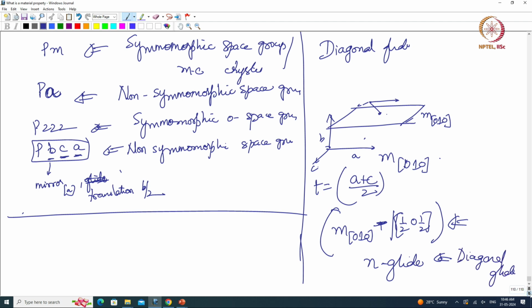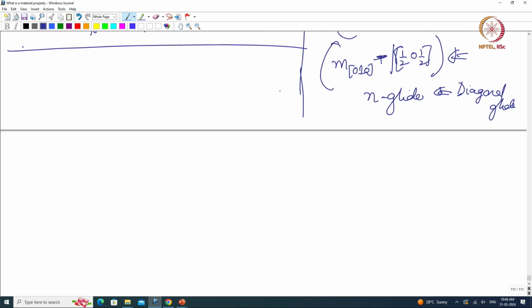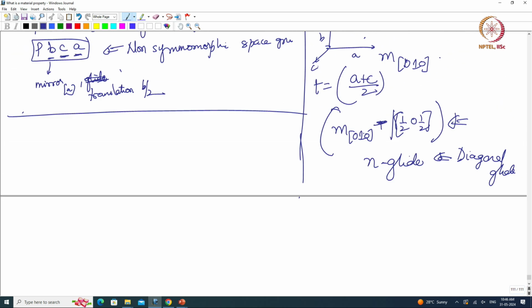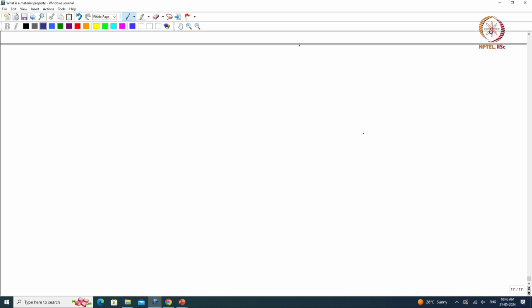You will see these operations again in several material systems, such as monoclinic materials and others. So the N glide is also common. You see space groups such as Pn.